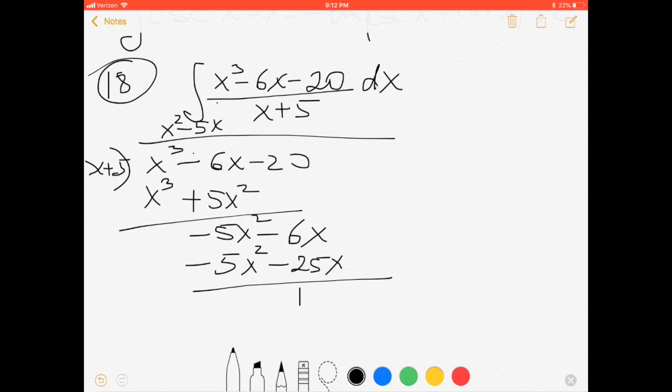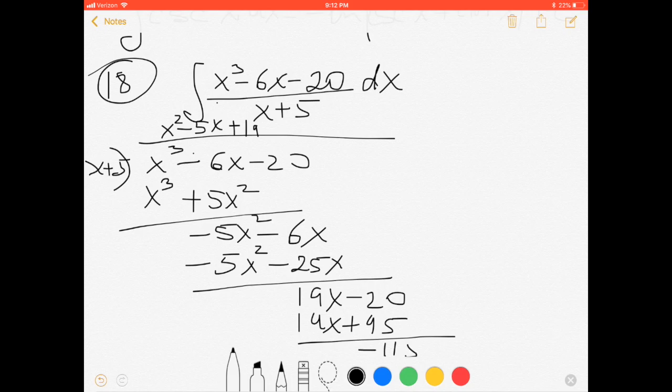Subtract, and you have 19x minus 20. Multiply by 19: 19x plus 95. Subtract, and it will be minus 115.